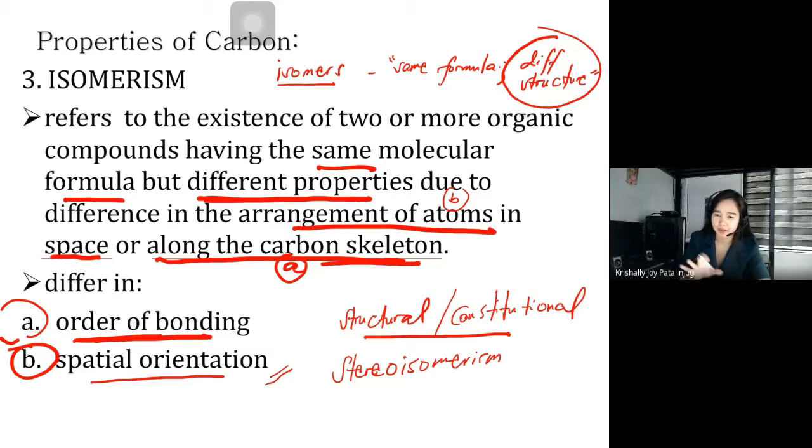When the differences in structure of the molecules are due to differences in spatial orientation, the arrangement of atoms in three-dimensional space, that falls under stereoisomerism.